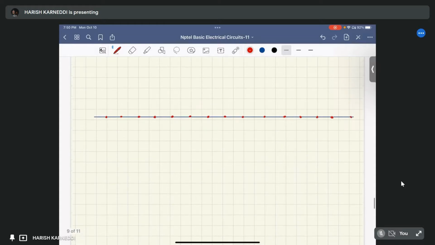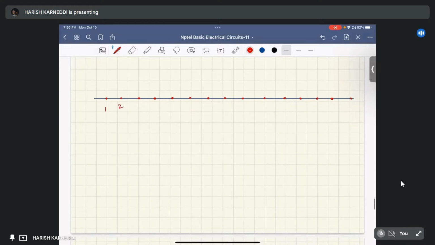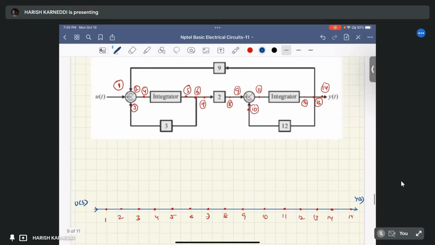Okay, we can represent 1, 2, 3. What is our input? Input is simply U(s). What is our output? It is Y(s). So at this point, it is 1.